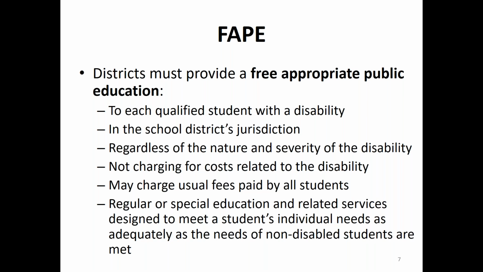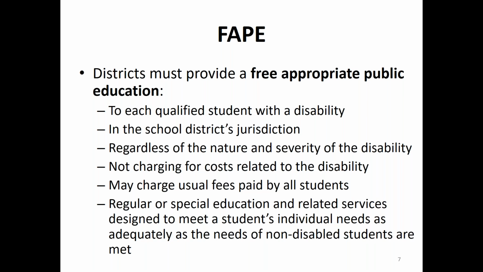What we have to remember about Section 504 is 504 was an antecedent to the special education laws like IDEA, which we have today. So 504 can include regular or special education and related services. The way we're seeking to practice 504 in Oregon is that 504 covers students who have regular education and related services needs.